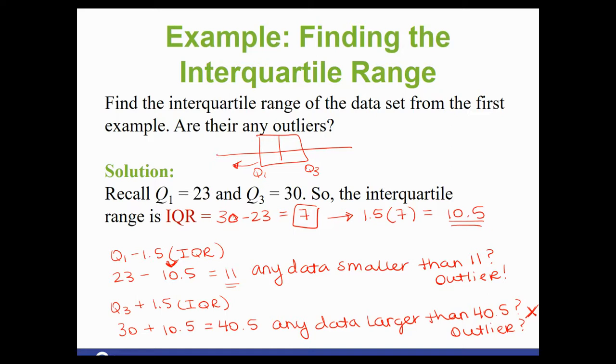So we do have something, oh, I'm sorry, that should have been 12.5 here. So do we have anything smaller than 12.5? And the answer is yes. We have the number 11. That was me thinking ahead there a bit. That is your outlier. So you would have answered this question as yes, I have an outlier of 11.